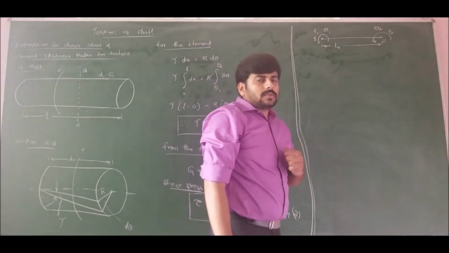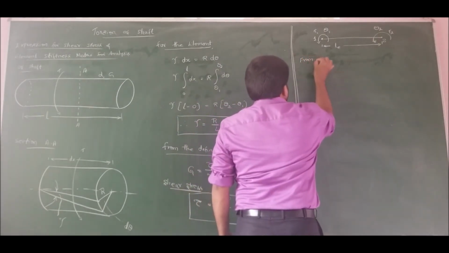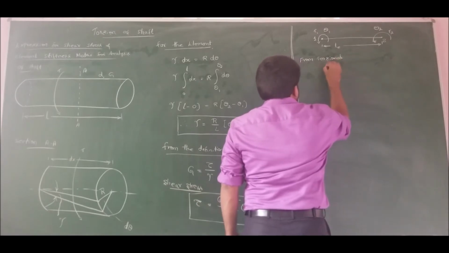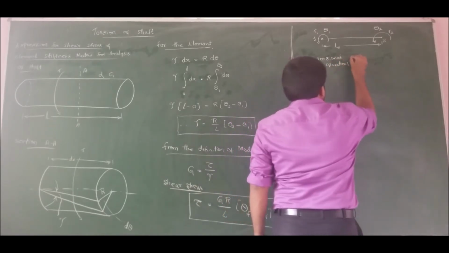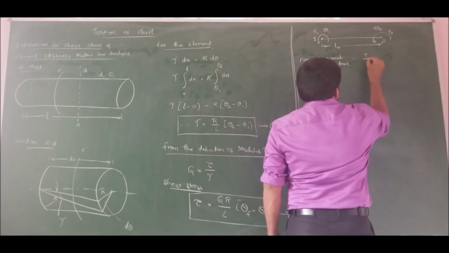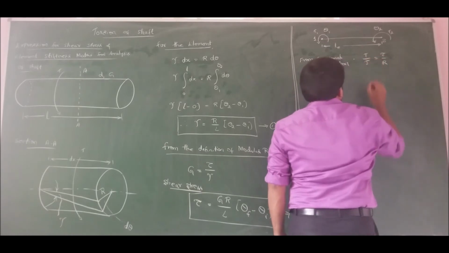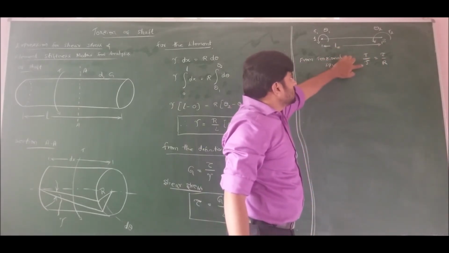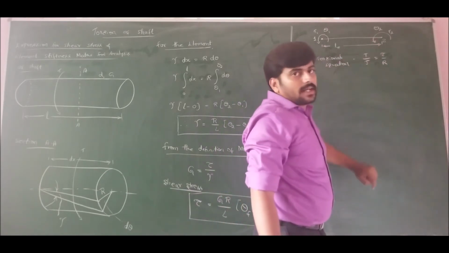Now, from the torsional equation we know that T by J is equal to tau by R, where T is externally applied torque, J is polar moment of inertia, tau is shear stress and R is radius.